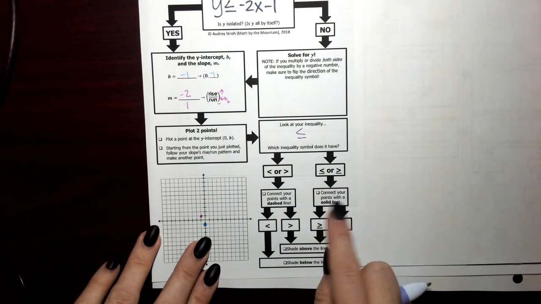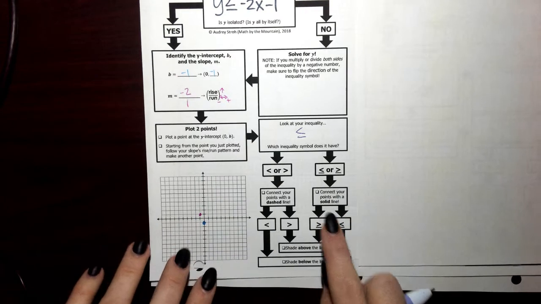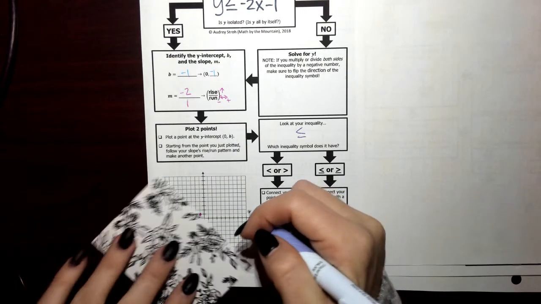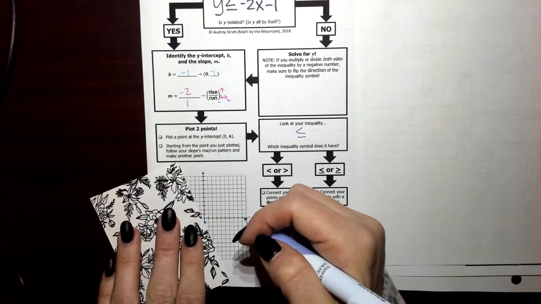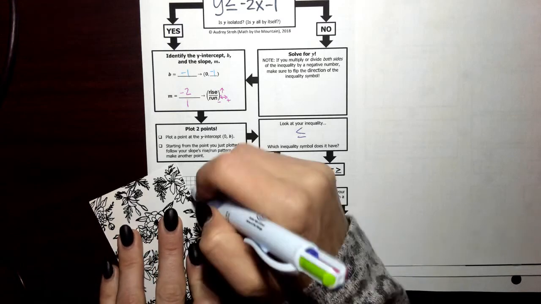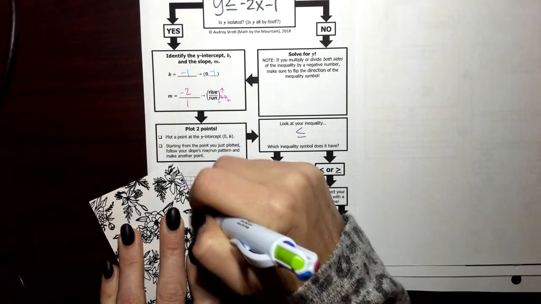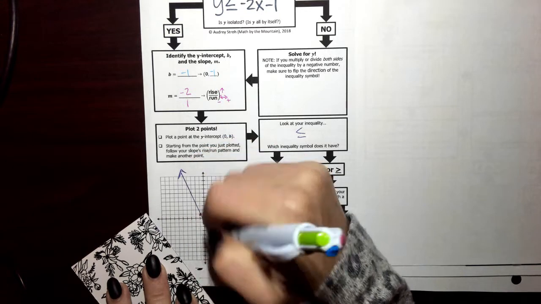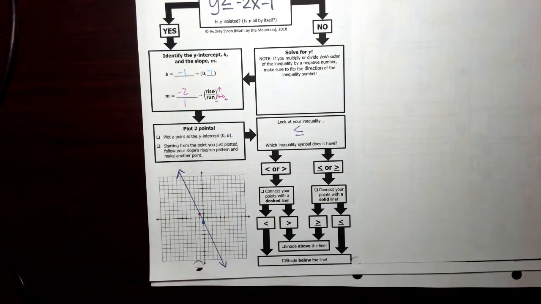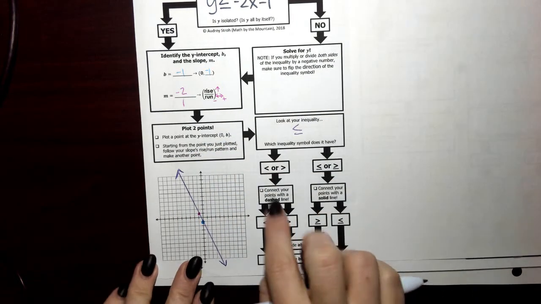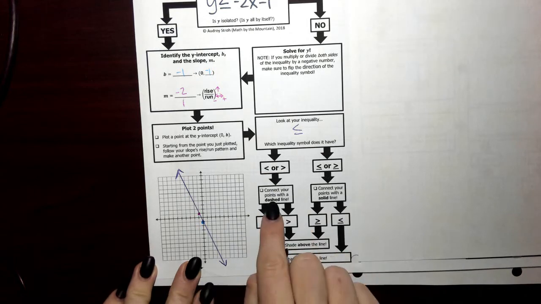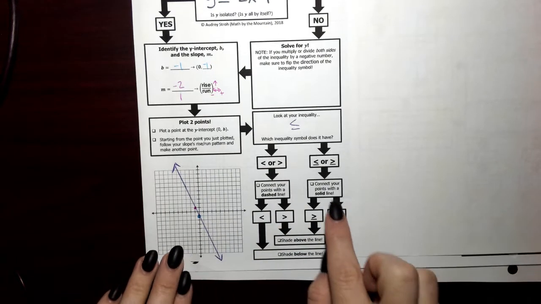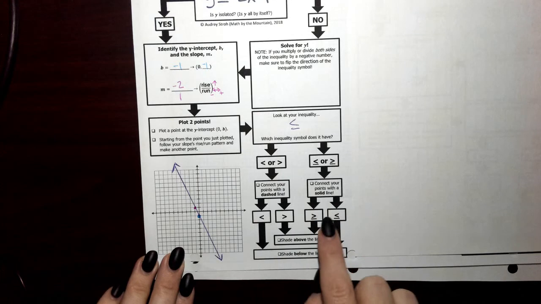So we're going to connect our points with a solid line. So when I connect these points, it's going to be a solid line. So there's that line. And you can see this other side, if it didn't have that equal sign, we would do a dashed line. And I'll show you an example in a minute. So we've connected our points with a solid line.